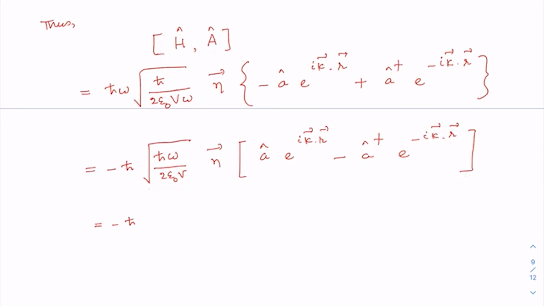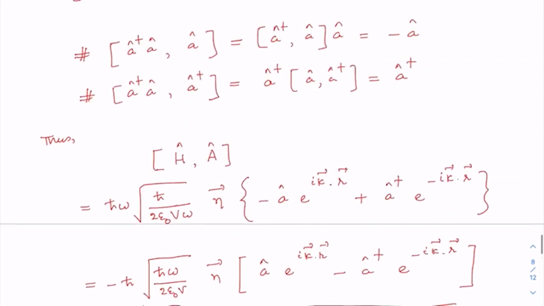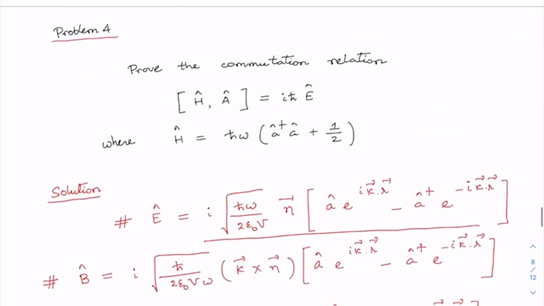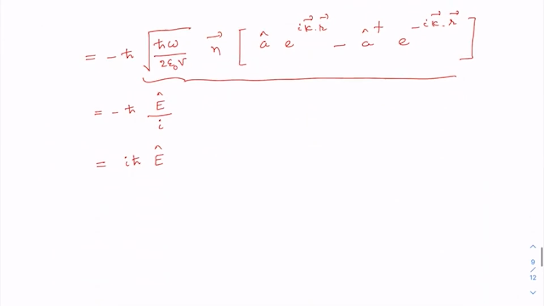So this one would be minus ħ times the electric field operator divided by i. Therefore I have here i ħ times the electric field operator. So I think this is what was asked to prove. Yes, indeed. So the commutation relation between the Hamiltonian and the vector potential is this.